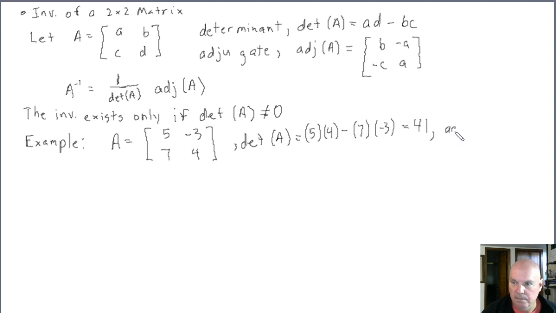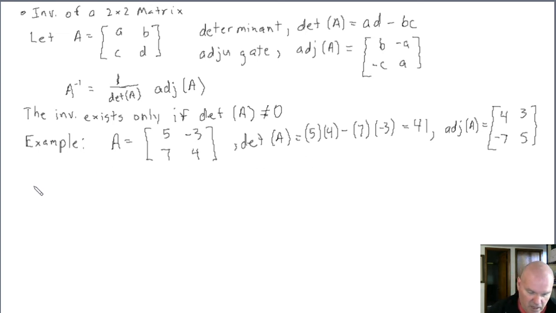And then the adjoint of A is equal to, we swap the elements along the main diagonal and then take the negative of the elements along the off diagonal for a 2x2 matrix. This is the definition of the adjoint.